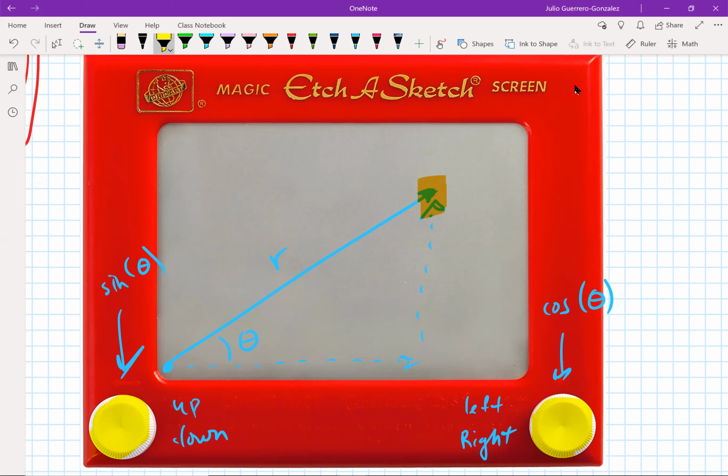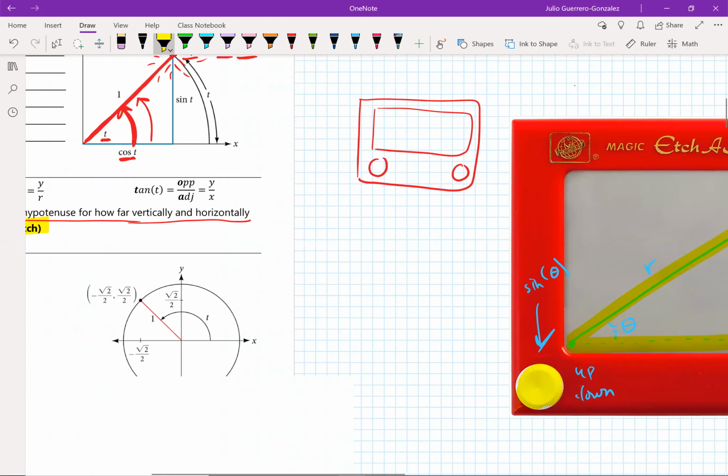The sine one would be the one that told you the up and down, and the cosine one would be the one that would tell you the left and right. So depending on the radius, depending on how far out you went, the cosine would tell you how far to turn this knob, and then the sine would tell you how far to turn the other knob, to go up and down. Make sense? So there's the idea behind sine and cosine.